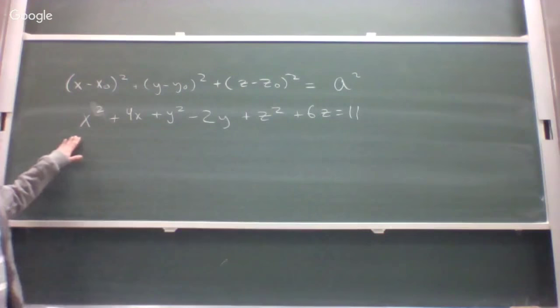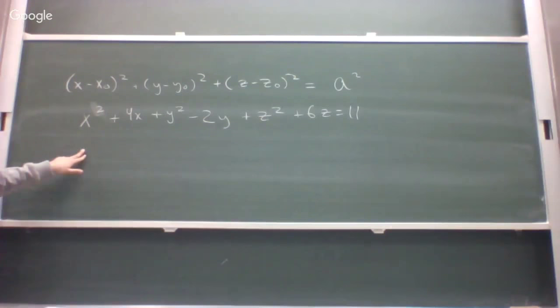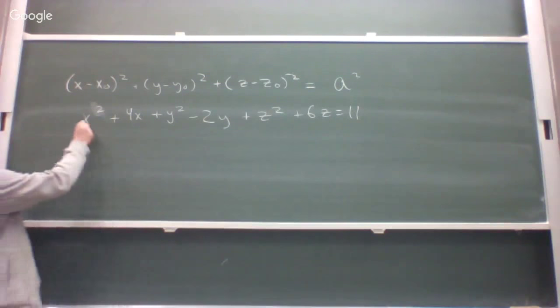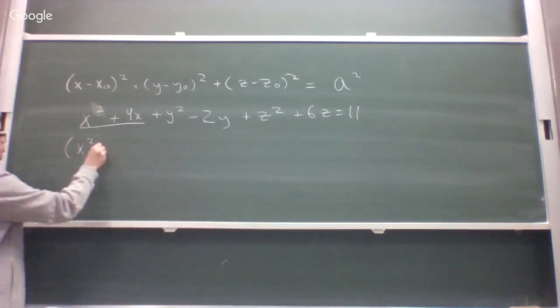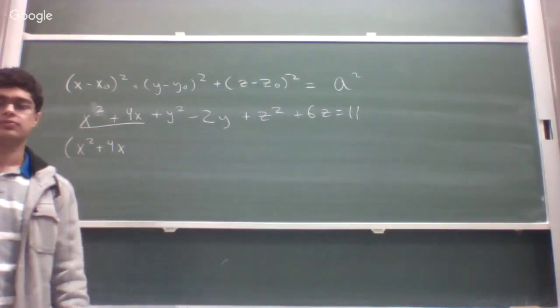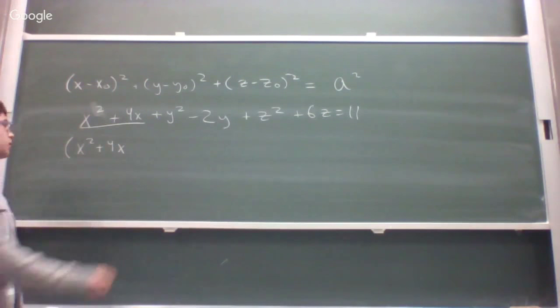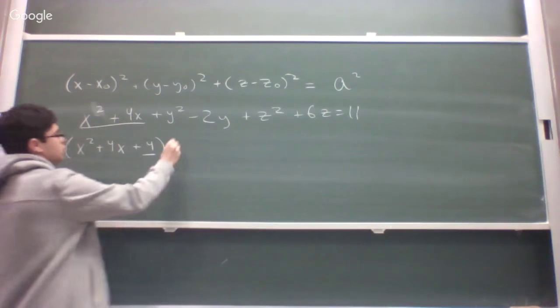So you have to turn this into an equation like the top, and you do that by completing the square. So we can look at this x squared plus 4x. What would we add to it to make it a square? Plus 4. So we have to remember that.